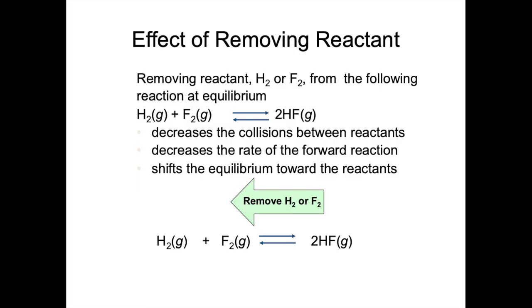Now, that was when you add a chemical. What happens if you remove a chemical? Let's say we removed hydrogen or fluorine, one of our reactants. Well, the system will shift to the reactant side. It will make more of that reactant to replace what you've taken. And vice versa.